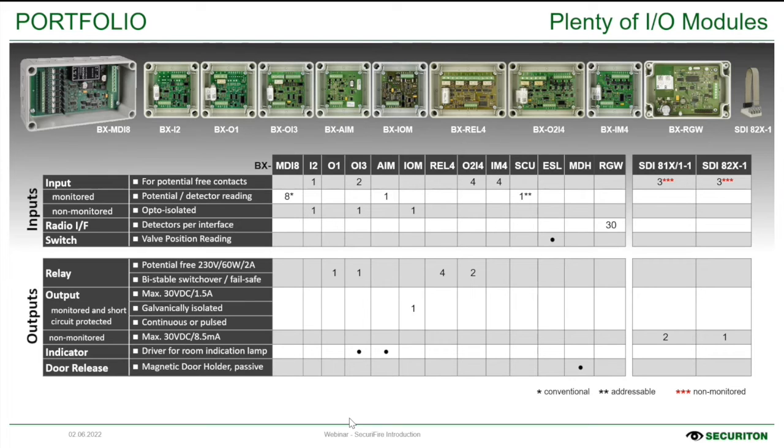The BX RGW is the radio gateway for radio detectors on the loop. And the last one, the SDA DP82X, provides either two inputs and an output for an LED activation, which means you could even build, with an STI82X, something like a manual call point or monitor flow switches, such applications.